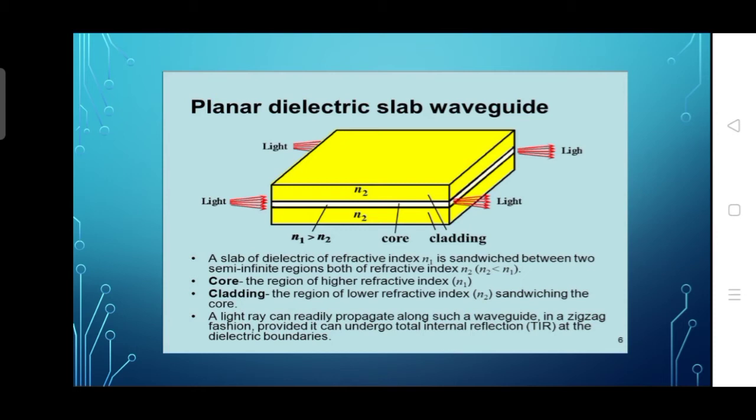So the core is the region of higher refractive index represented by N1, and the cladding is the region of lower refractive index represented by N2, sandwiching the core. A light ray can readily propagate along such a waveguide in a zigzag fashion, provided it can undergo total internal reflections or TIR at the dielectric boundaries.